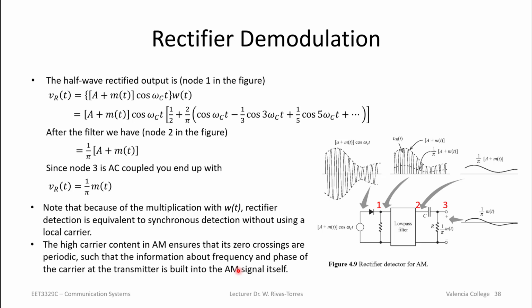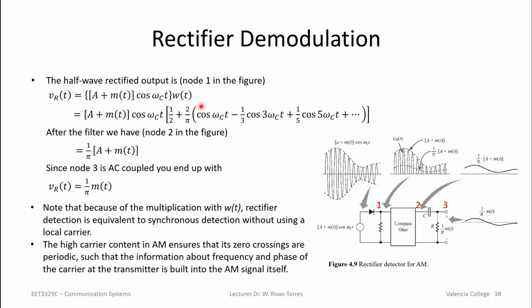So you can do a little bit of the math behind it. The half-wave rectifier output at node 1, V_R, after the diode, ends up being something that looks like this, and you multiply it by w(t), which is something that only keeps the positive side.